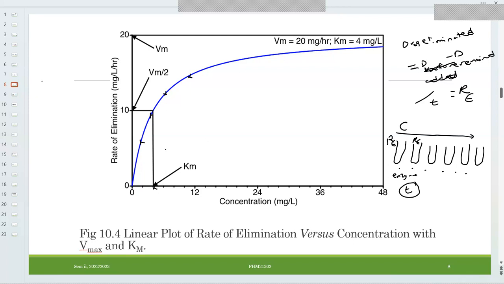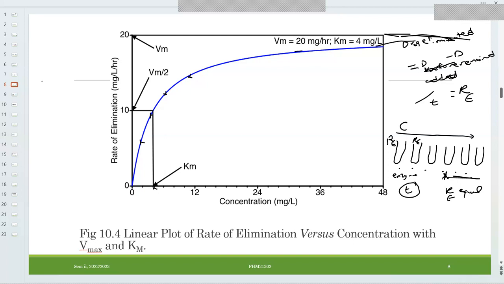What happens usually? The rate of elimination will have a linear increase at the beginning. You increase the concentration, there will be a linear increase in the rate of elimination, but at some point it will not move anymore. It will be stable. For example, starting from this concentration, the rate of elimination became the same, fixed.